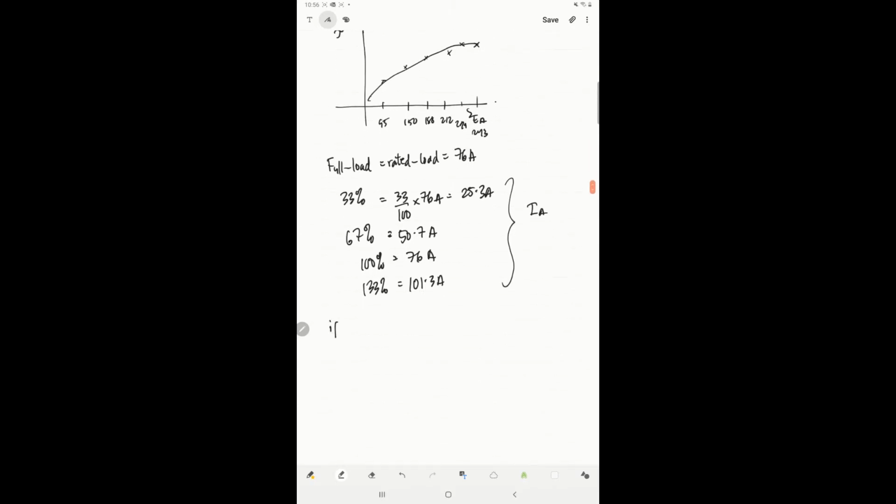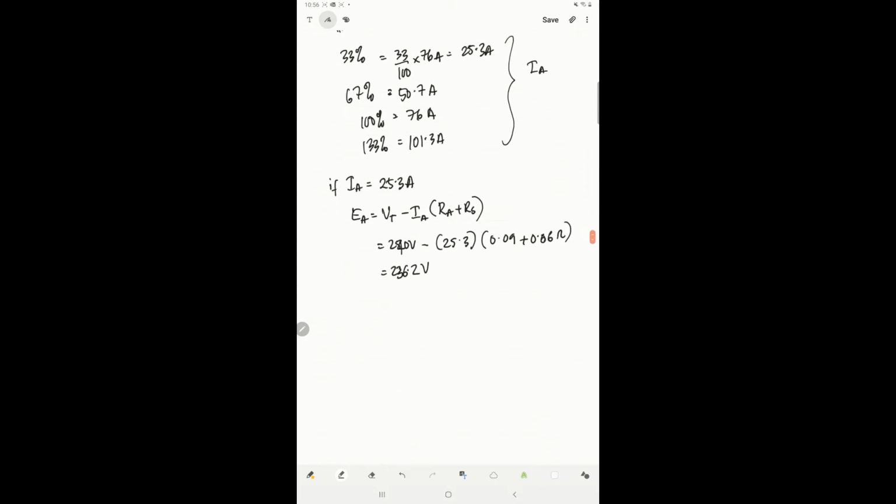So if IA is 25.3 ampere, the internal generated voltage would be VT minus IA times the resistance. Since it is a series motor, we must add the series resistance as well. So 240 volts minus 25.3 times 0.09 plus 0.06 ohm, which is 236.2 volts.